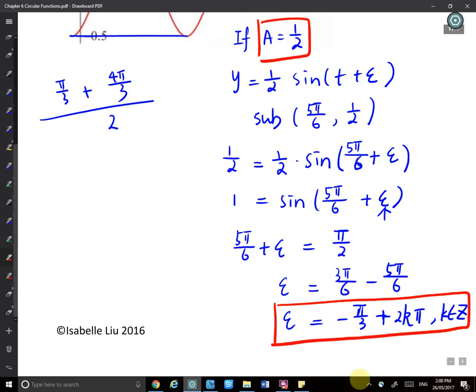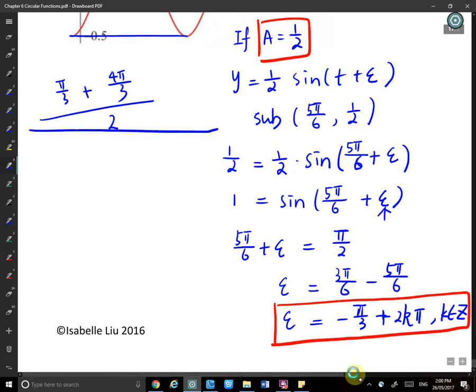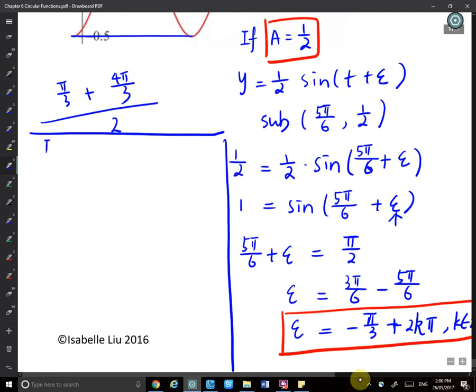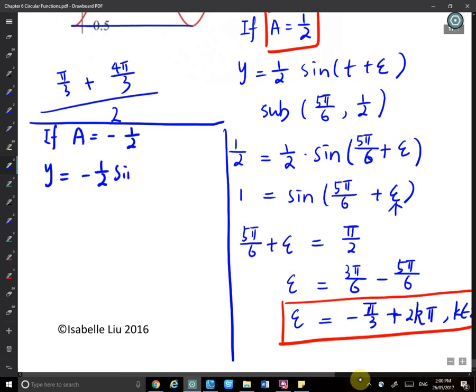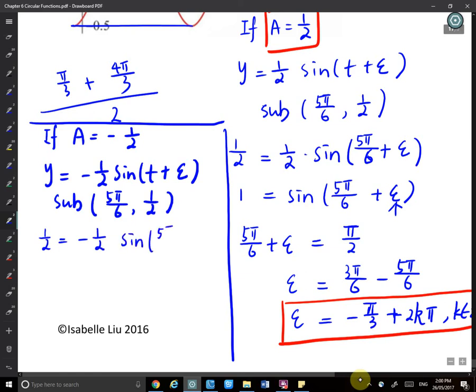Well, I can also have, if A is negative a half, y equals negative a half sine t plus that. Again, I still want to sub this point. So I will have a half equals negative a half sine 5 pi over 6 plus epsilon. That's negative 1 equals sine 5 pi over 6 plus epsilon.